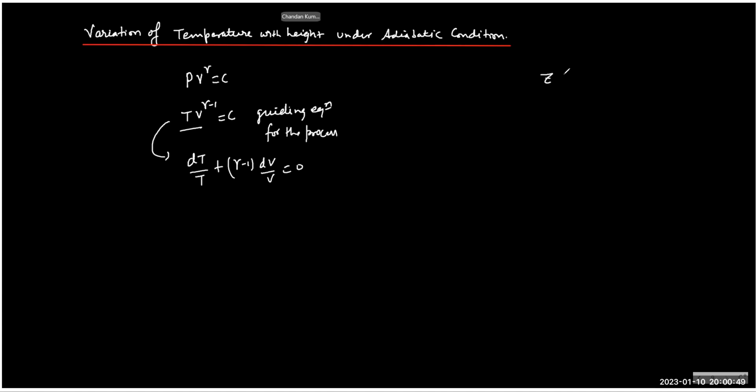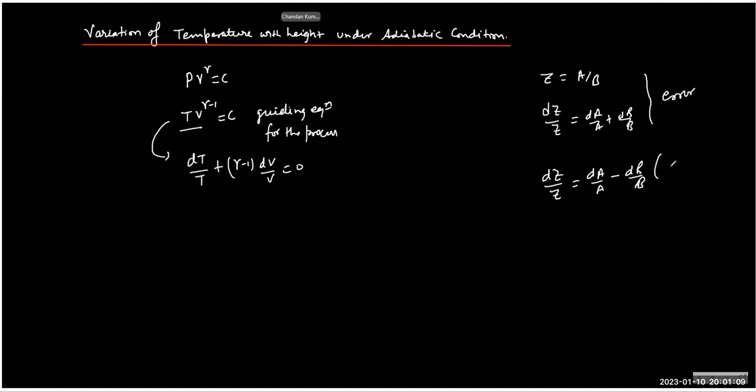If I have z equals A by B and I'm solving an error analysis question, I'll write dz by z equals dA by A plus dB by B. But in general, you write dz by z equals dA by A minus dB by B. So you have to be careful: in error analysis we always add, but in general, when we differentiate, depending on the power, we add or subtract. I hope this is clear.